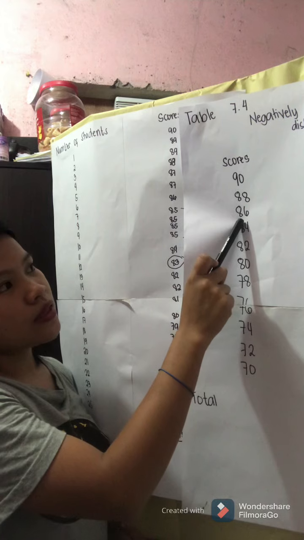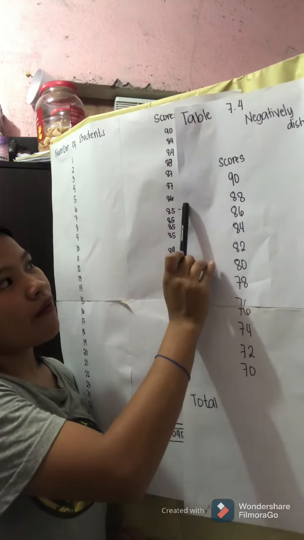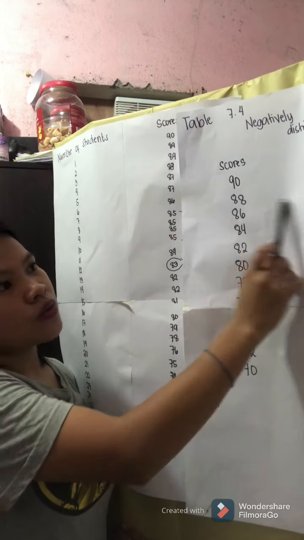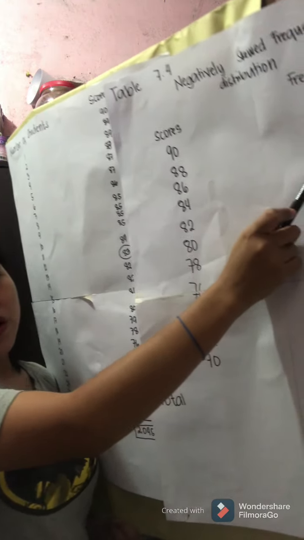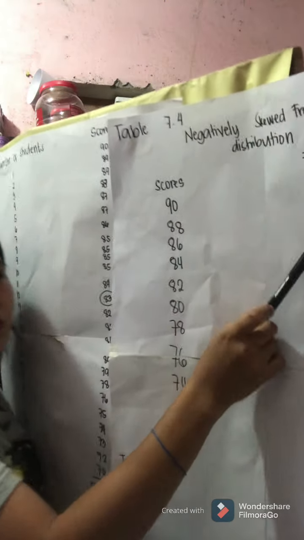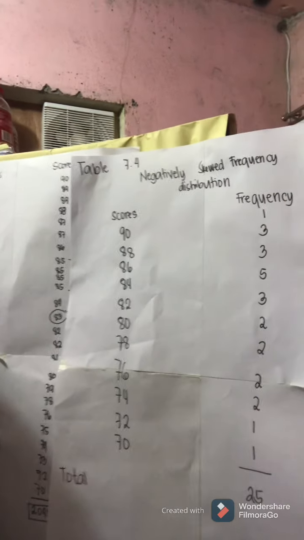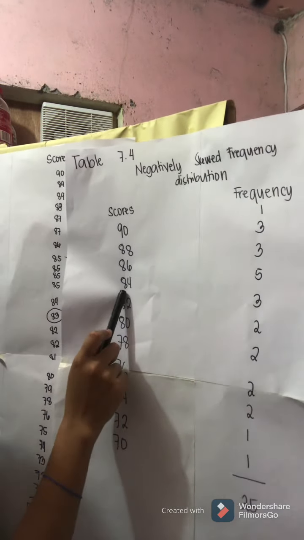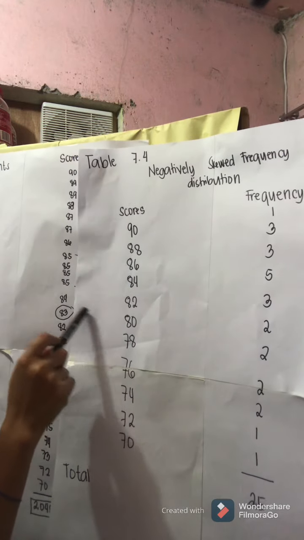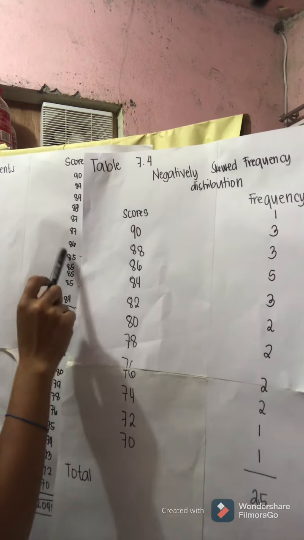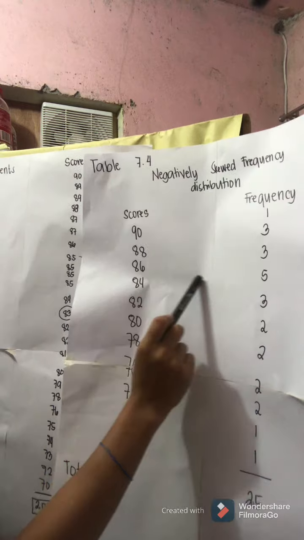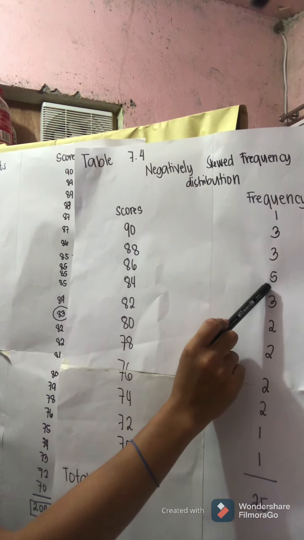In the score 86 to 87, we have 1, 2, 3. We have 3 also. In the 84 to 85, we have 1, 2, 3, 4, 5. So 84 to 85, we have 5.